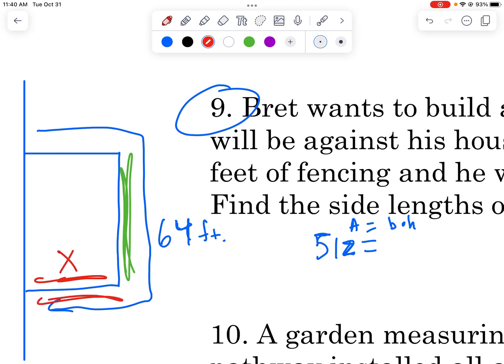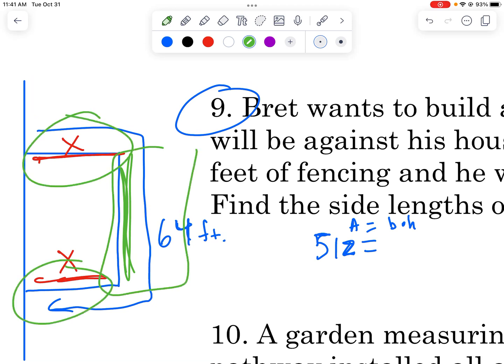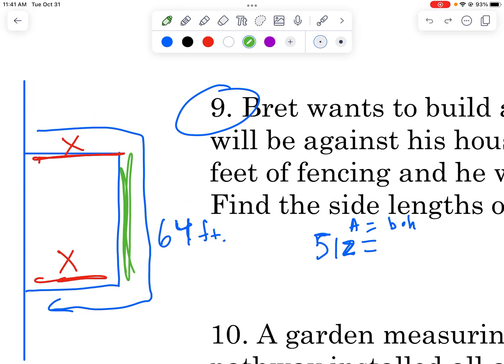Well, if this bottom part is X, this part here is also X. Cool, right? These are the same. Well, if you took 64 feet and you subtracted off X here, and you got rid of that part, what's left over here? Well, that's just going to be 64 minus these two parts.